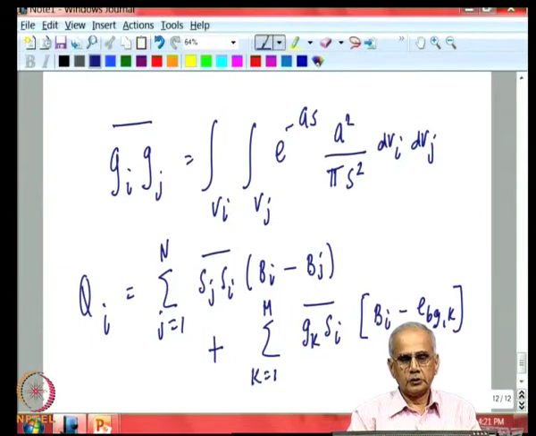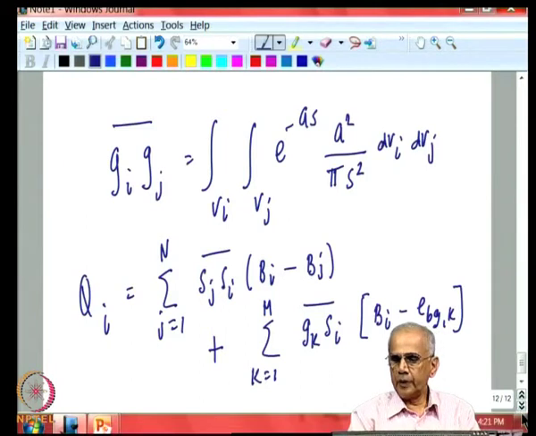So, you are able to calculate the heat arriving at surface element i, net heat to be added to the surface rather, to take into account exchange between surface i and surface j, between surface i and volume element k in the gas.